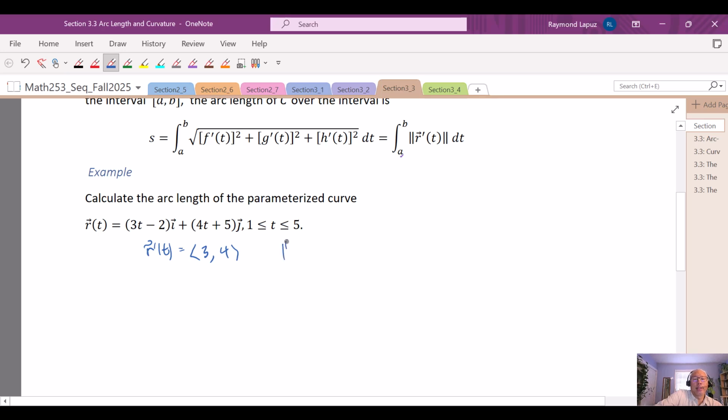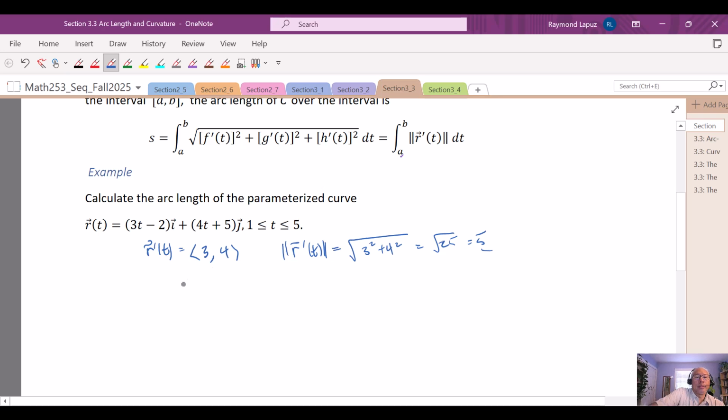Now we find the magnitude of r prime of t, which equals the square root of 3 squared plus 4 squared. So this is the square root of 25, which is 5. It's nice that it's a constant. It doesn't always end up being a constant, but it's nice that it is.